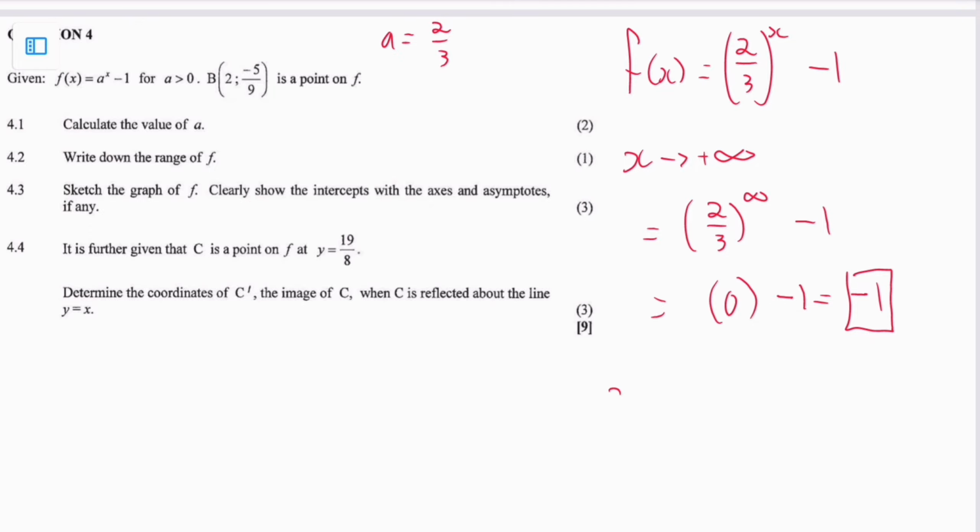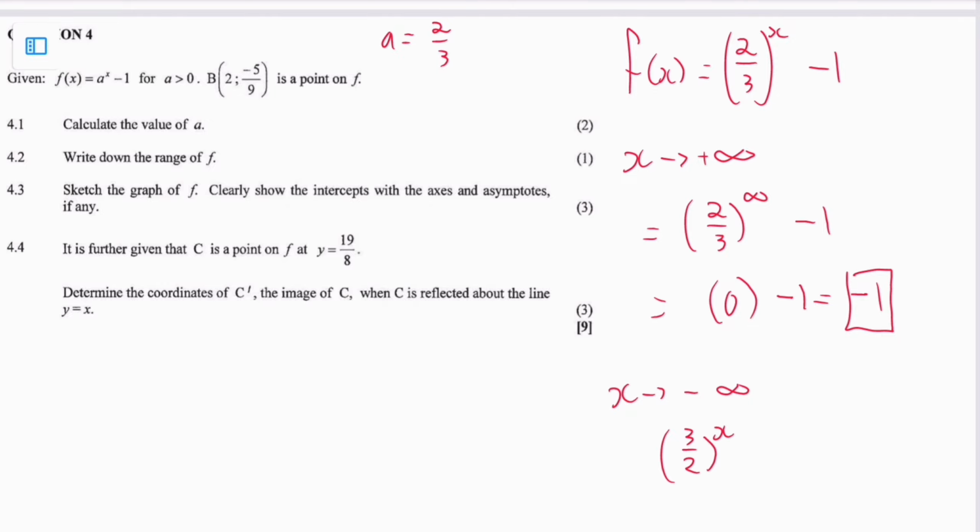And then if we say let x approach negative infinity, then what we will have is just 3 over 2 to the power x, right?